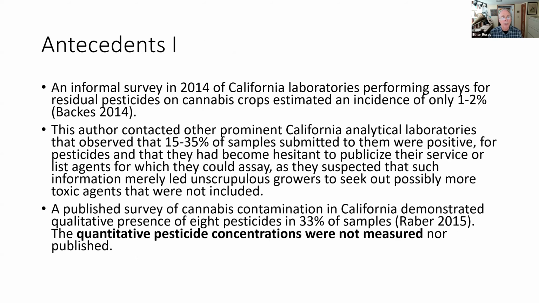There had been a survey in California in 2014 of laboratories that could do the kind of assays to look at pesticides, but they estimated at that time that incidence was only about 1 to 2%.